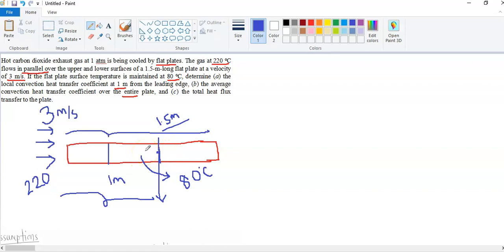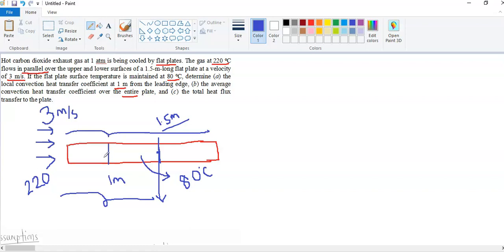So we try to make it simple and assume the surface temperature is constant. That's easier because we need other properties. If the temperature is different at each point and constantly changing, the properties for those temperatures will also differ, which makes our life complex. So when we solve any heat transfer problem, we try to make it as simple as possible.